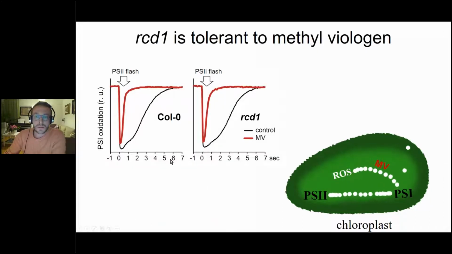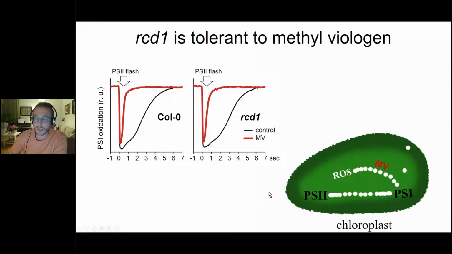Interestingly, the effect of methylviologen on photosystem 1 and formation of ROS is the same in both the wild type and the knockout mutant. We studied this by spectroscopically analyzing the photosystem 1 redox state, and we see that this redox state is exactly the same with and without methylviologen in the wild type and in the mutant.